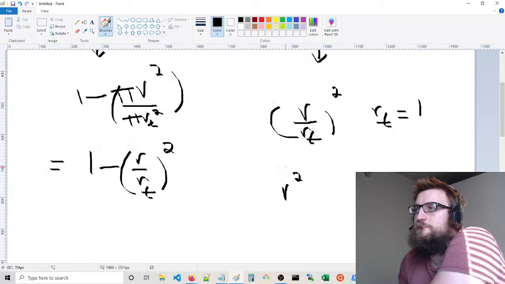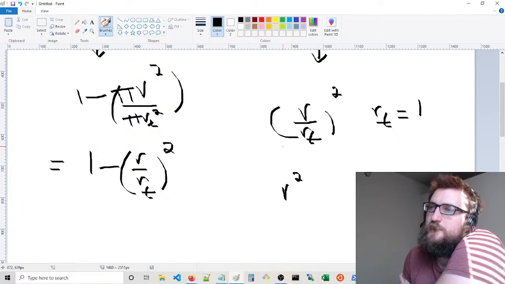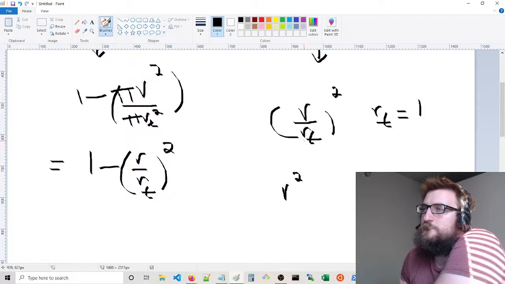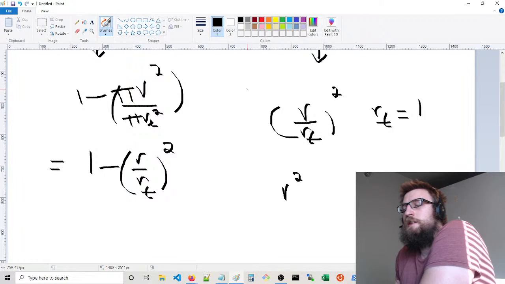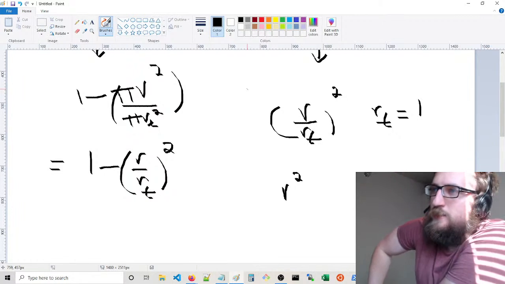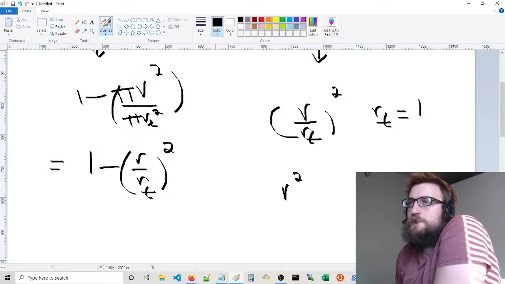The probability of picking some value less than, or less than or equal to, r is r squared, where r is between 0 and r total.